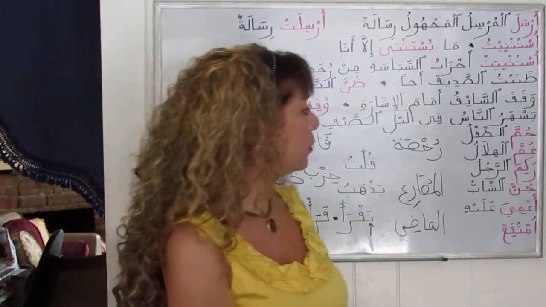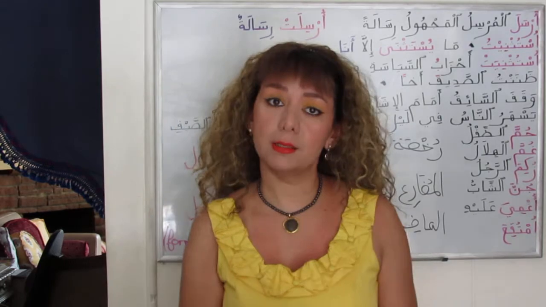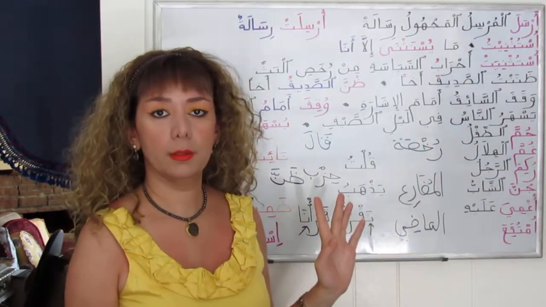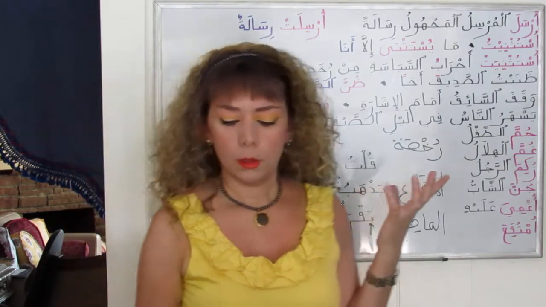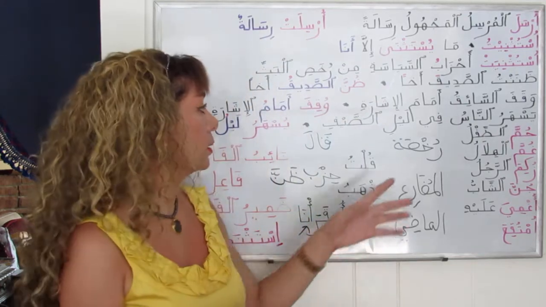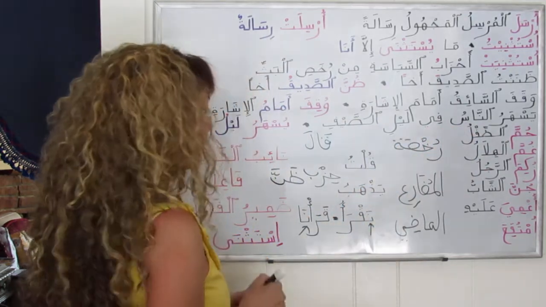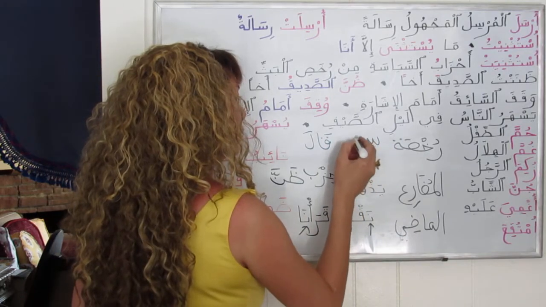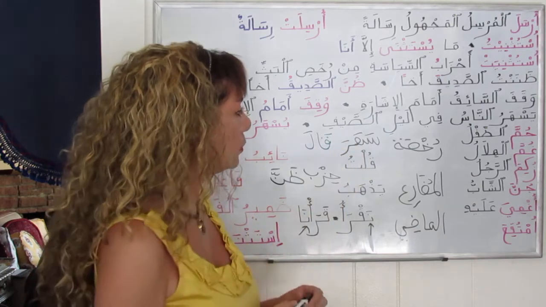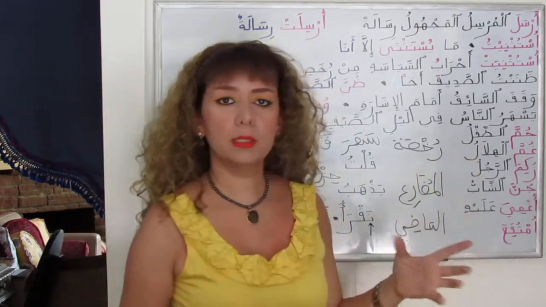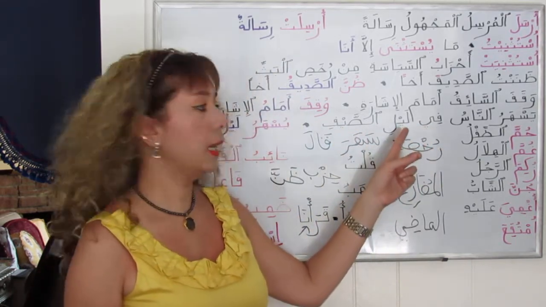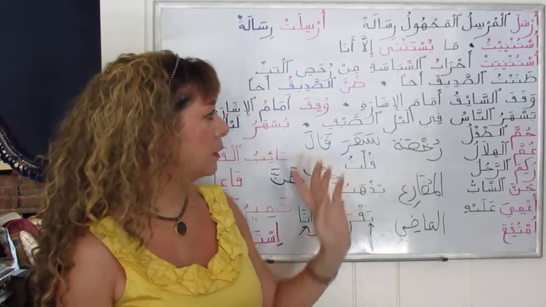What if we have a prepositional phrase? يسهر الناس في ليل الصيف. People stay up in the summer nights. So سهر, stay up. So people stay up in the summer night. ليل الصيف, في ليل الصيف.